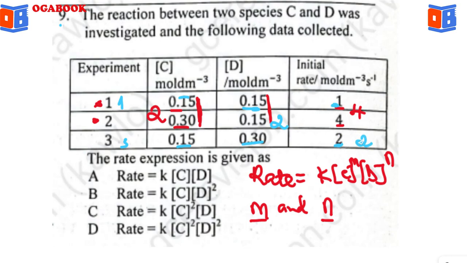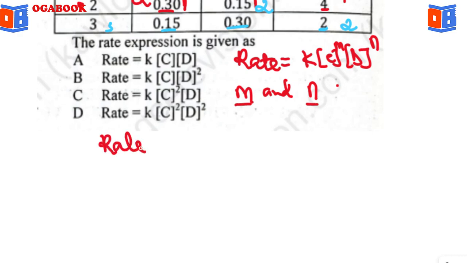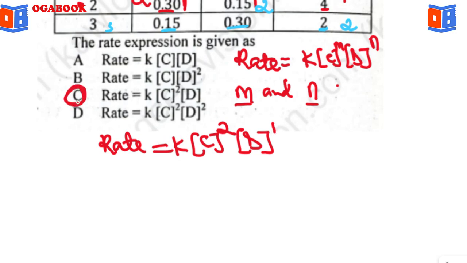So we're going to say that the rate doubles when the concentration of D doubles. So it is then first order with respect to D, and second order with respect to C. So our rate expression will be k, concentration of C raised to the power 2 times the concentration of D raised to the power 1, making our answer C correct.